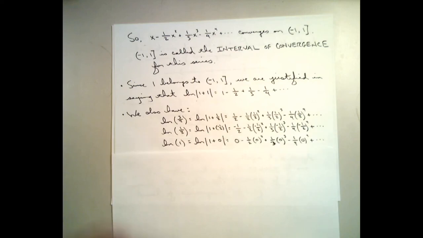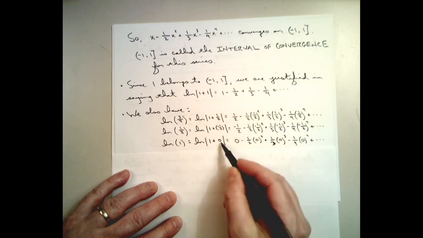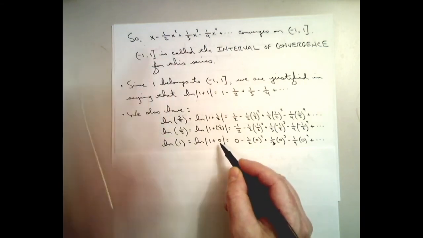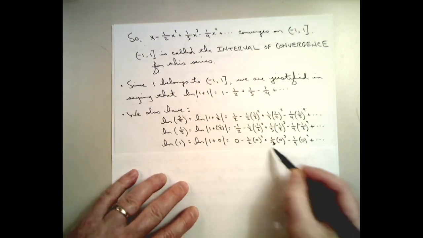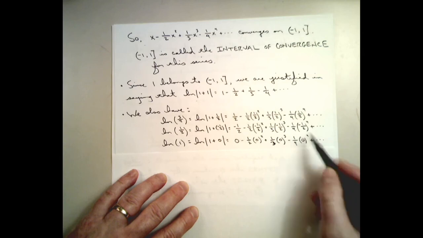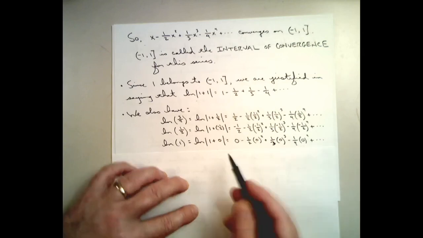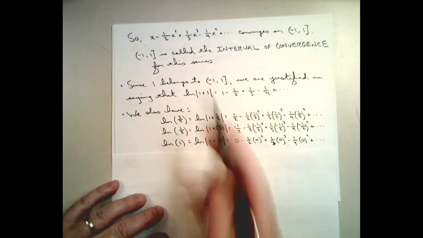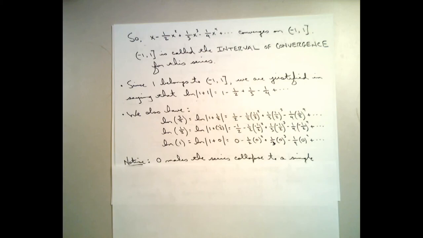Now, I could have also noted that natural log of 1, that's what I get if I let x be 0. But if x is 0, I get a very uninteresting series: 0 minus 1/2 times 0 squared plus 1/3 times 0 cubed, and so on. So I can use this fact to show me that the natural log of 1 is equal to 0.